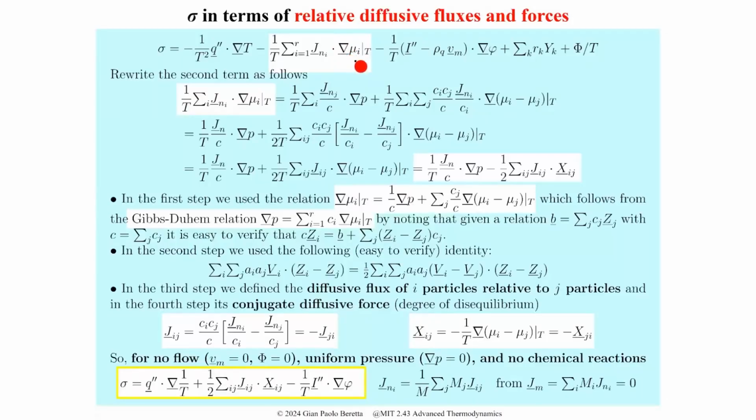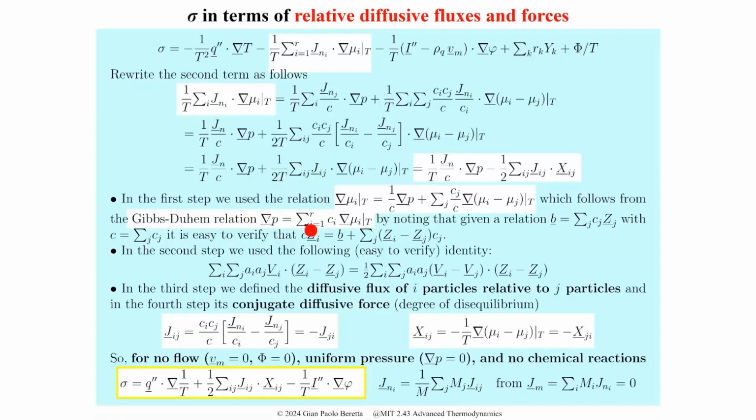because now we also have to remember that the gradient in the chemical potentials, which appears here, this is the gradient done keeping the temperature constant, they are not all independent either because of the Gibbs-Duhem relation. Remember, the Gibbs-Duhem relation is written here.